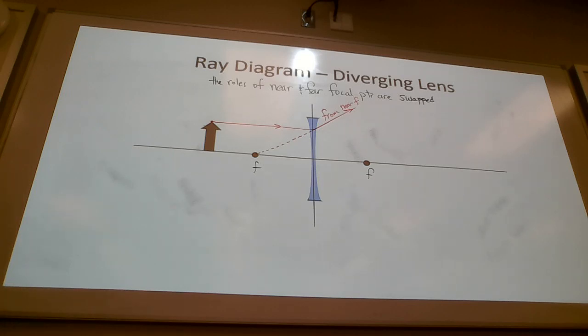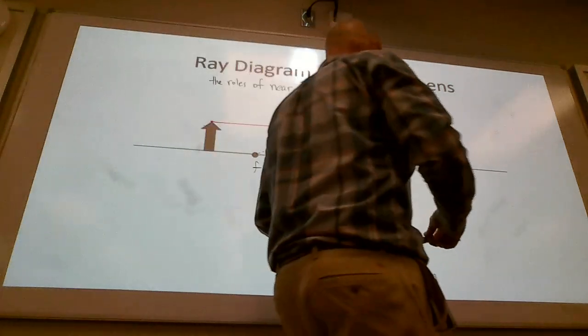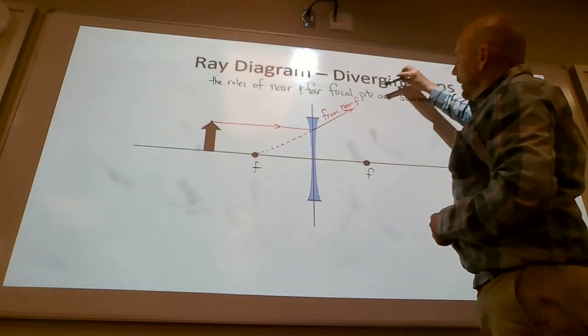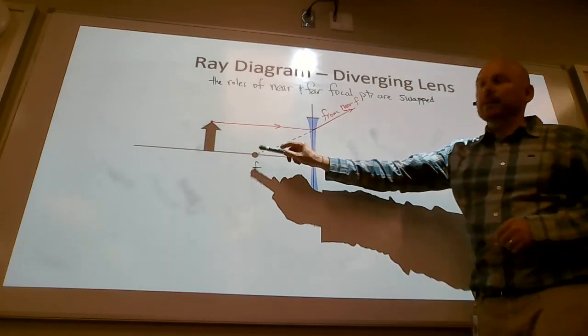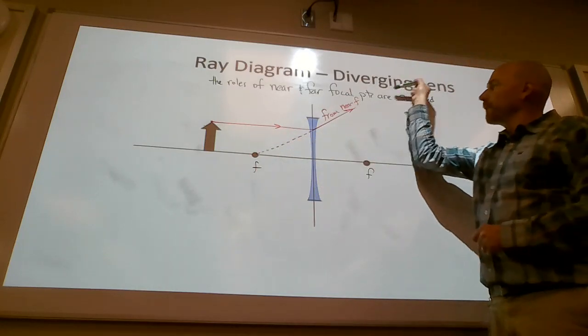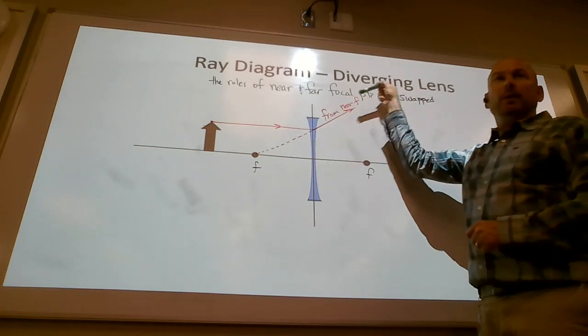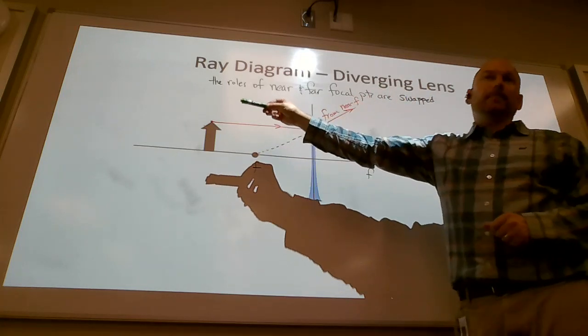The next ray, if we had a laser going in, pointed at this opposite focal point, it's going to refract parallel.